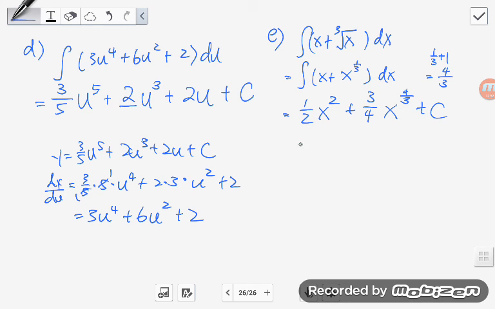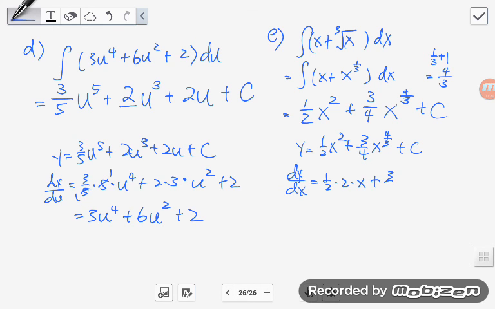Let's just check if this is right. So y is equal to half x squared plus 3 over 4 x to the power of 4 over 3 plus c. If I find dy/dx, the 2 goes down, so half times 2 times x. The power is going to drop by 1, so I only have x there.